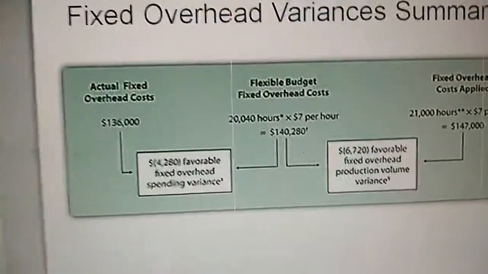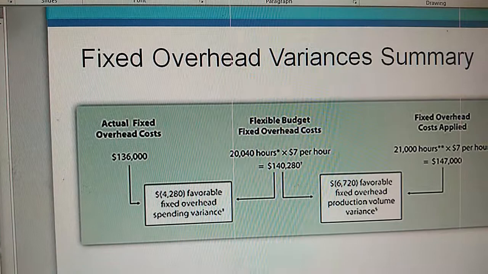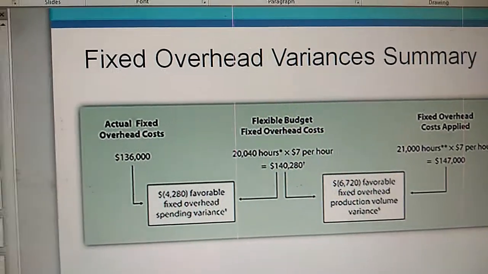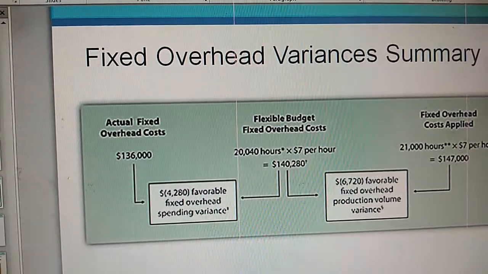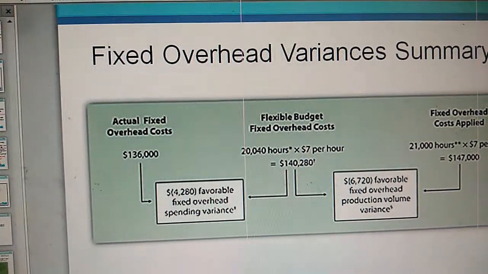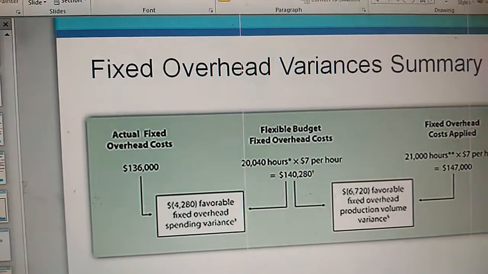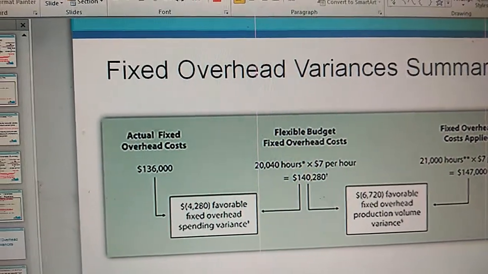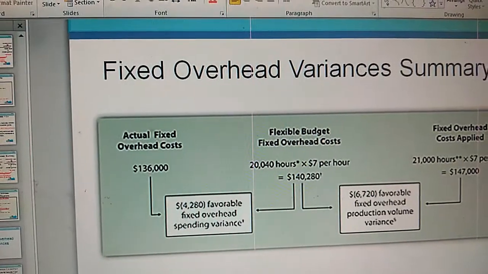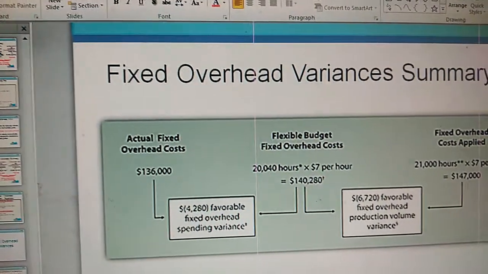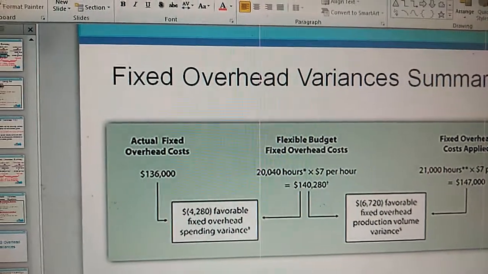So, in this illustration, the budgeted direct labor hours is 20,040, which is equal to 200,400 units budgeted to be produced multiplied by 0.10 direct labor hours per unit. Standard hours of 21,000 is derived from the actual units produced, by multiplying the actual units produced and sold by the standard of 0.10 hours per unit.